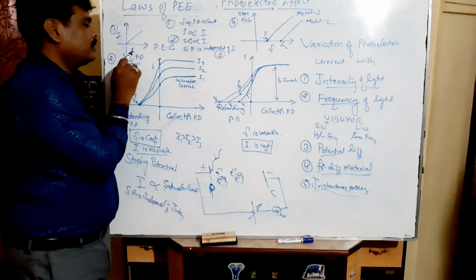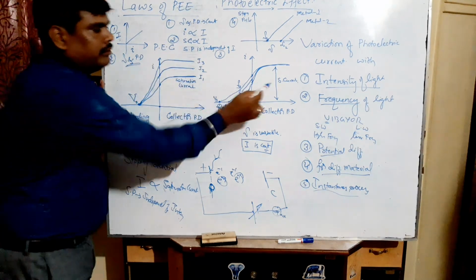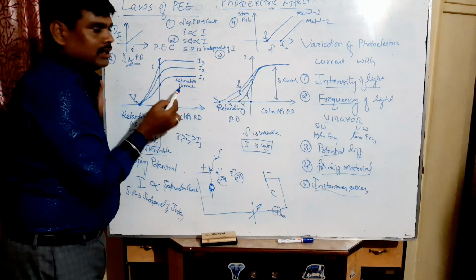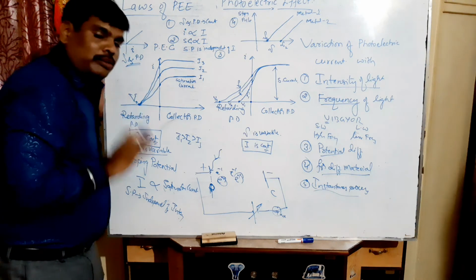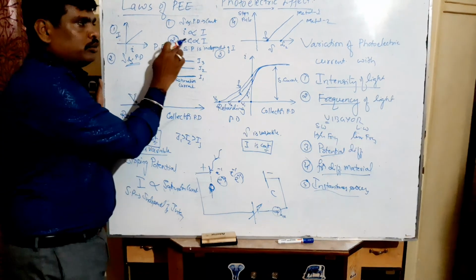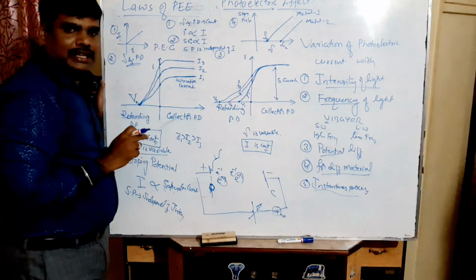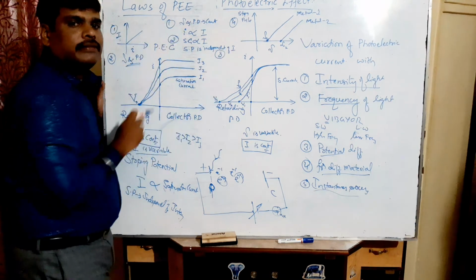It means the photoelectric current is directly proportional to intensity. What is the second statement? For the given photosensitive material, saturation current is directly proportional to intensity, but stopping potential is independent of intensity of light.